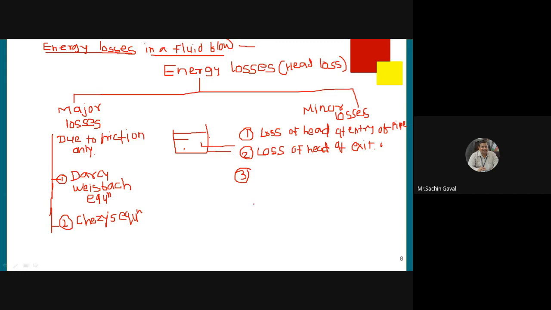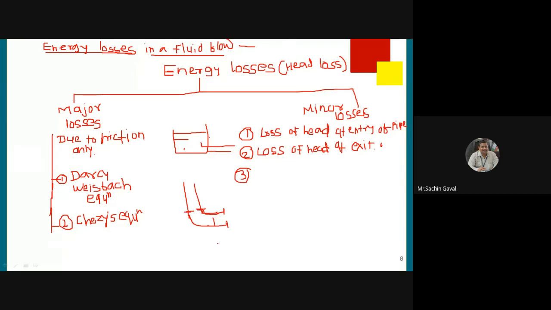Now what happens? There are pipe fittings we are going to use for the pipeline. Suppose this is one pipe, and we want to connect another pipeline at a right angle to it. Then we are going to use a bend. These are called pipe fittings.